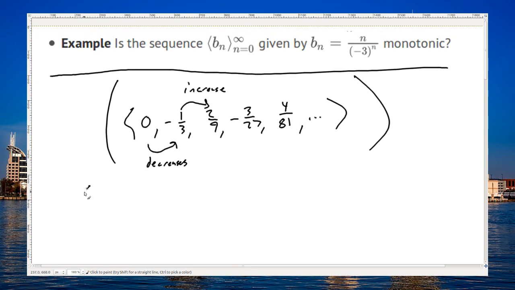So bₙ from n equals 0 to infinity is not monotonic.